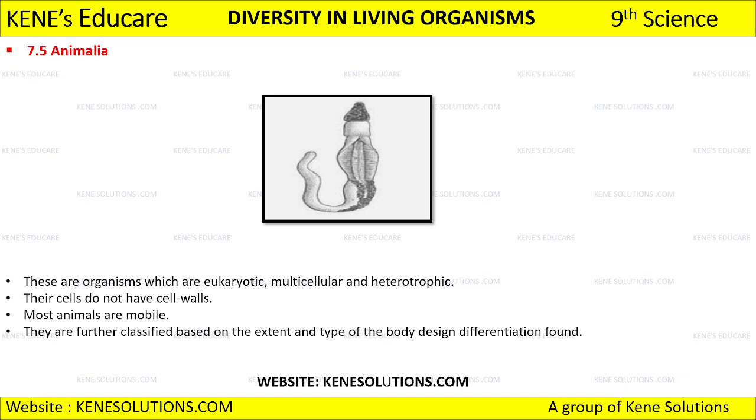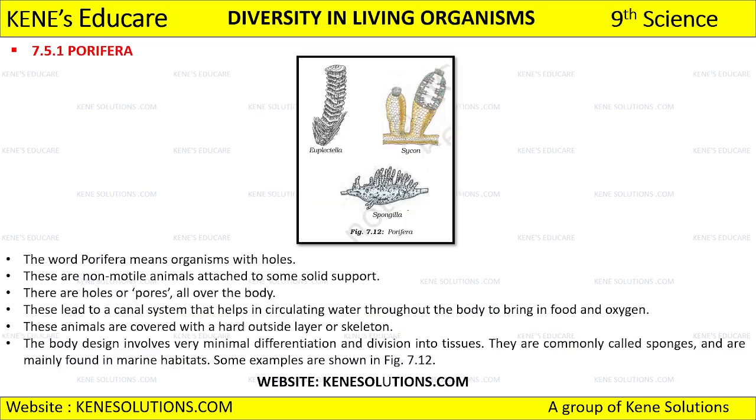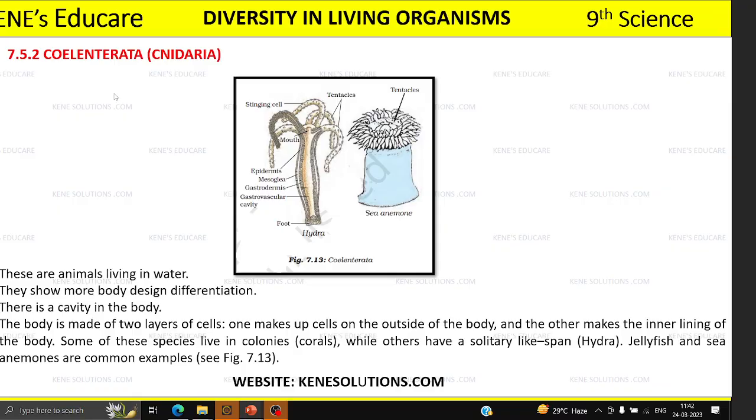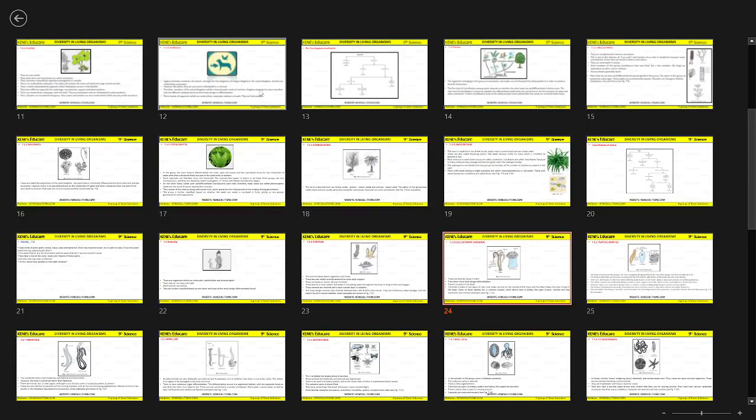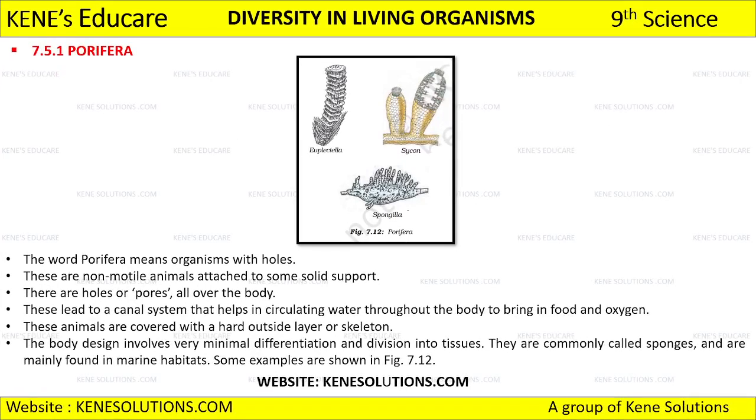So here we have the characteristics of Animalia, and after this we have phyla to discuss. We started with the first phylum, that is Porifera, right? So I want each one of you to please go through it quickly.